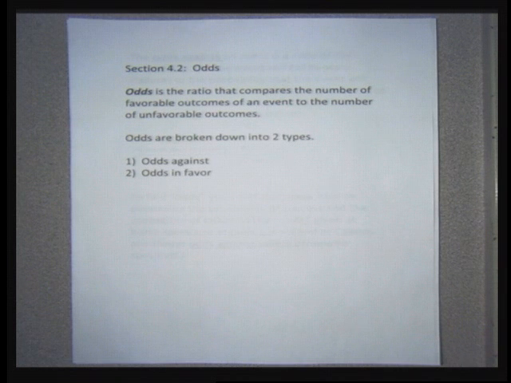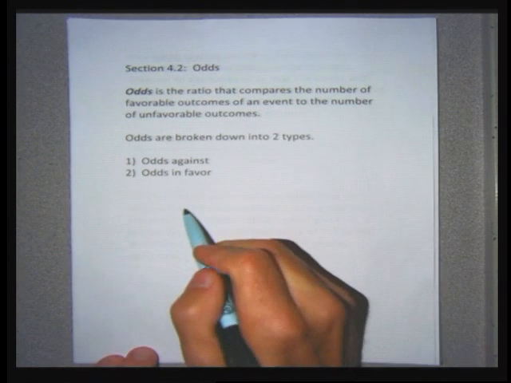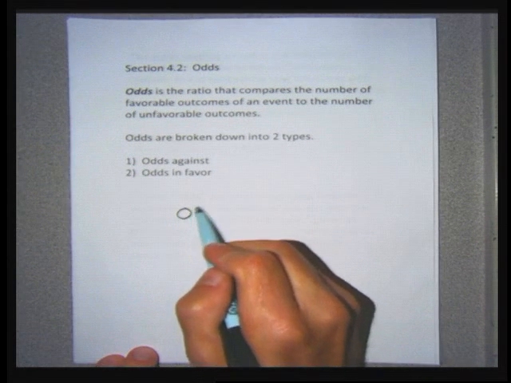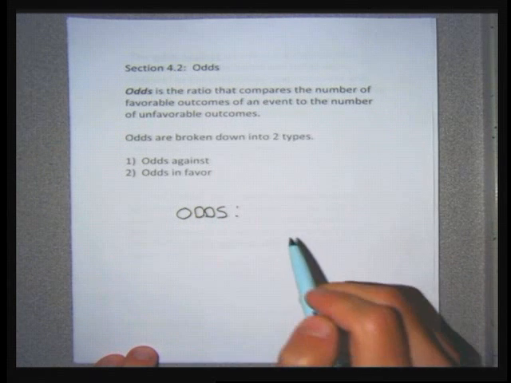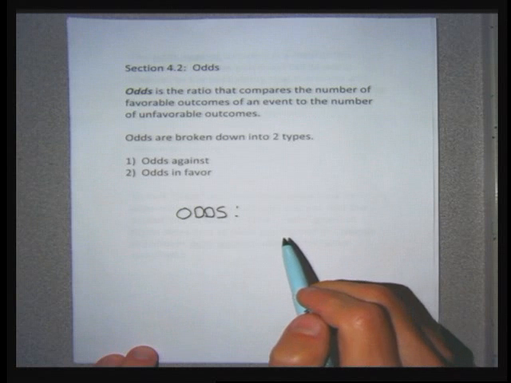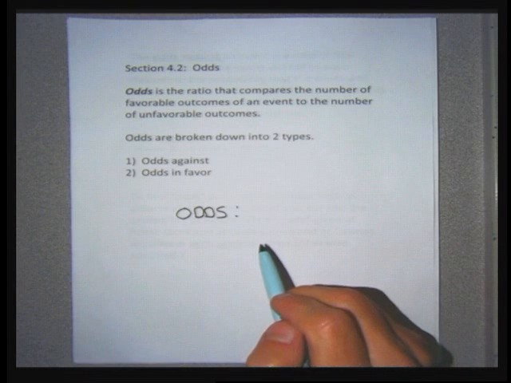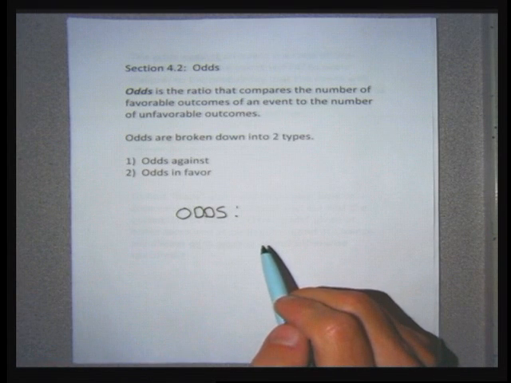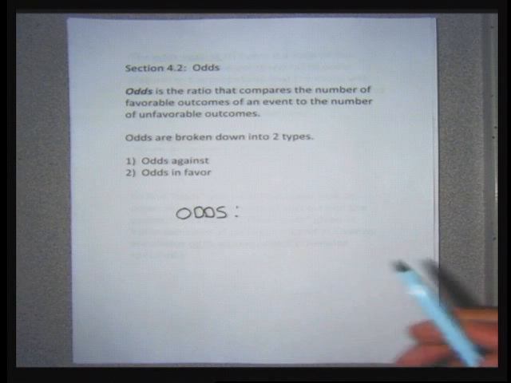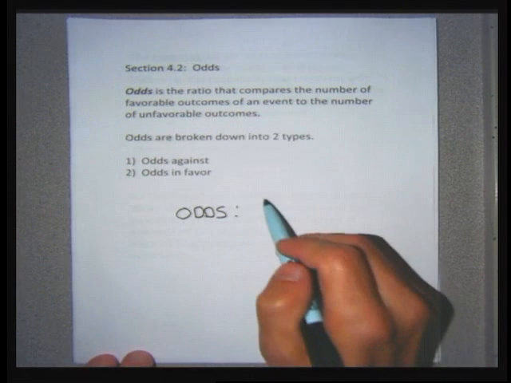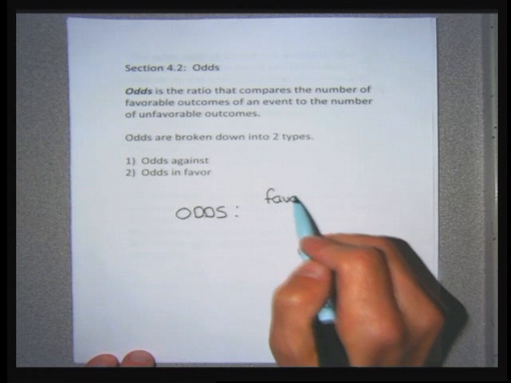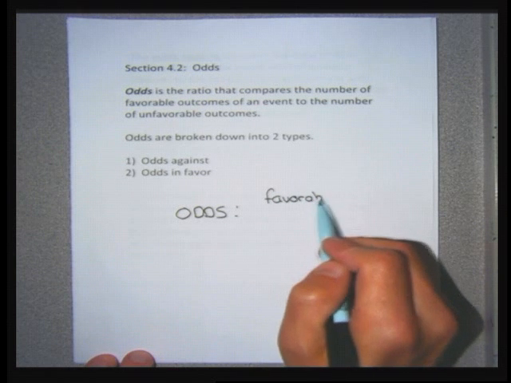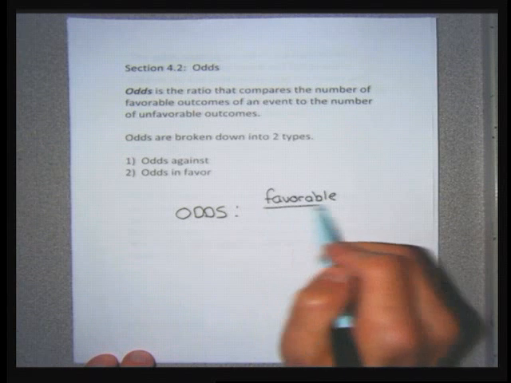So the title of the section is odds, and odds are a fraction that compares different outcomes. It splits a sample space into the outcomes that fit the criteria, which we call favorable outcomes, and unfavorable outcomes.